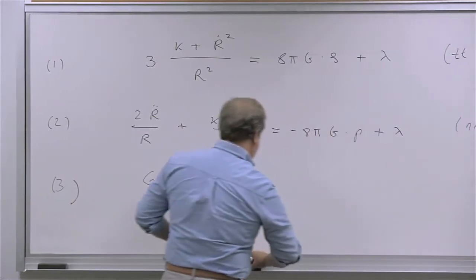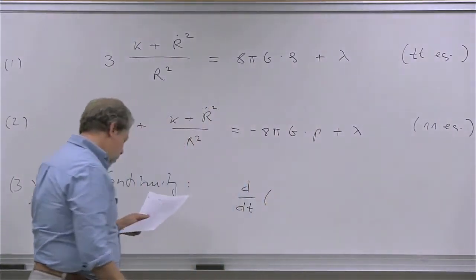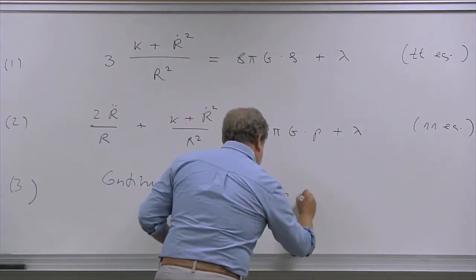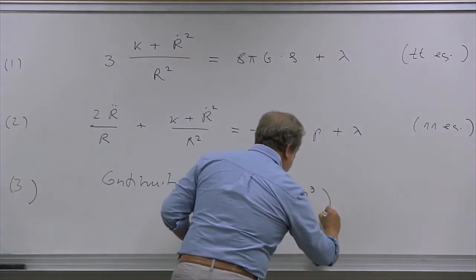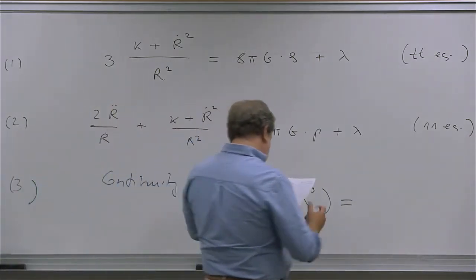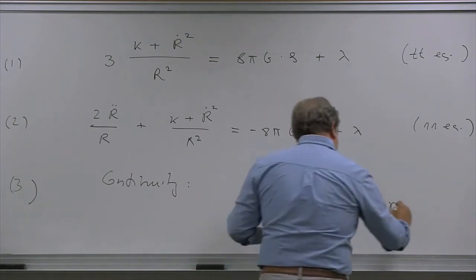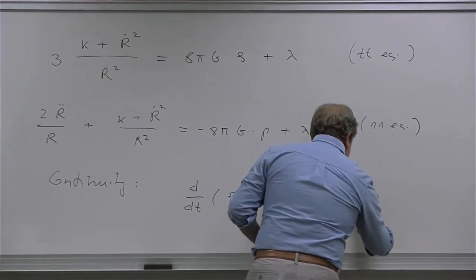I'm going to rewrite it as just d/dt of ρr³, which is proportional to the pressure term: minus 3p times r² times ṙ.